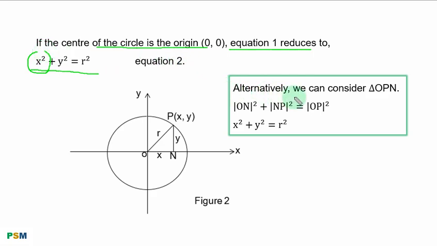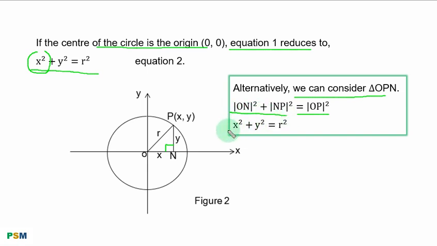Alternatively, we can consider triangle OPM. It is a right-angled triangle. The hypotenuse is OP, so the square on OP is equal to the sum of squares on the other two sides.